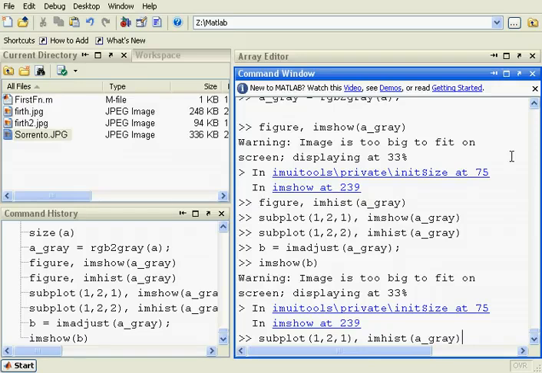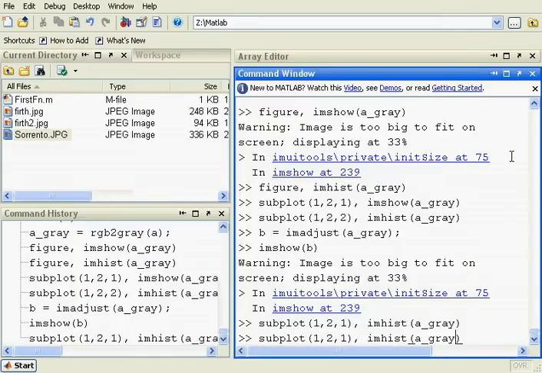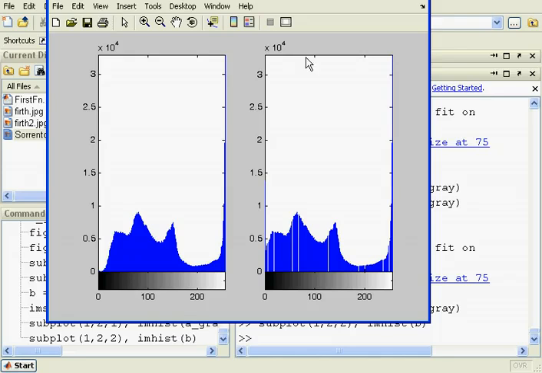If you remember, this is the original histogram before we did the contrast stretch. And now on this side we're going to put the contrast stretched. So what's going on here? You can see here that in the original on the left, there are very few black pixels.